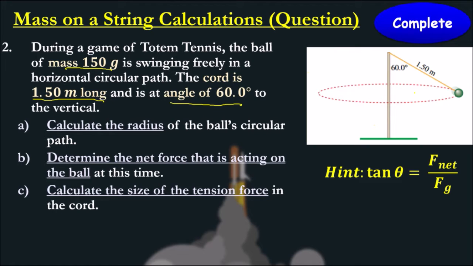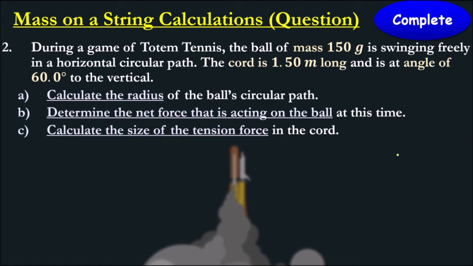So the diagram is drawn for you nicely here, but I'm going to skip to a blank page where I can draw the diagram again, just so everyone knows how to draw it. It says an angle of 60 degrees to the vertical. So if I just draw a vertical line, dotted along like so, 60 degrees from the vertical means this.